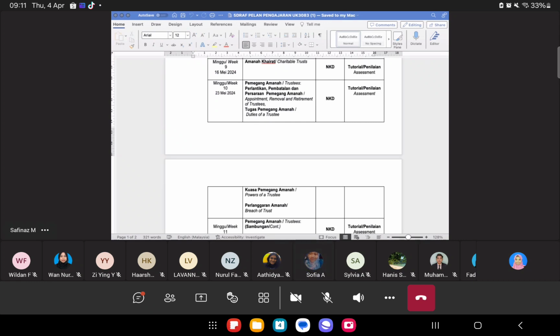Boleh Prof. Alright. So nanti saya akan refer balik dengan Sufi. Nanti bagi tahu dia, suruh dia bagi tahu saya. Kalau boleh bagi tahu saya sebelum hari raya lah, sebab I need to do the planning.